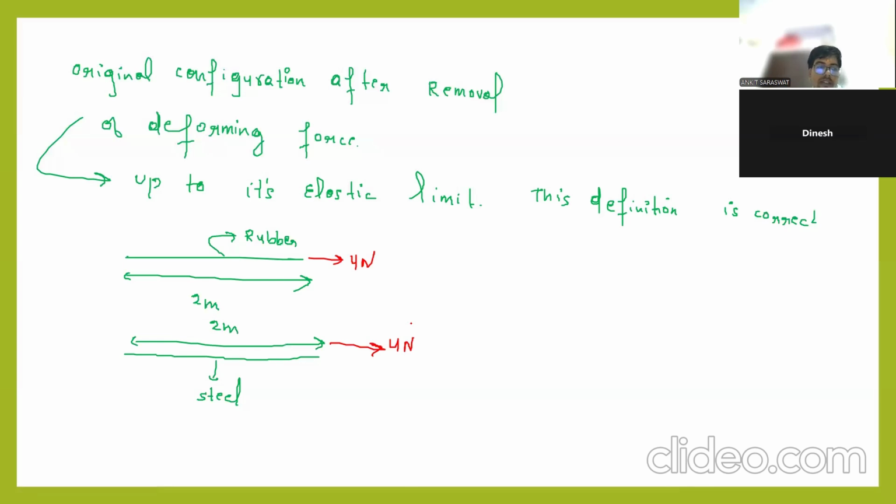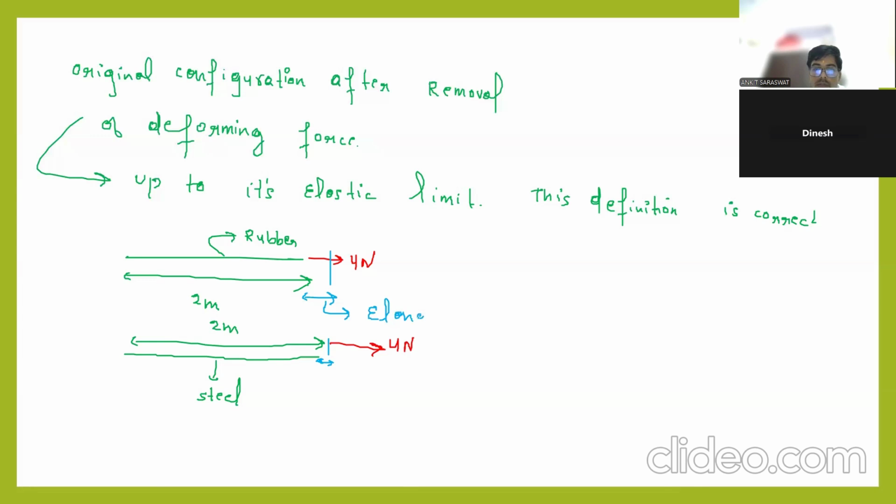Which body has more tendency to oppose any change in its shape and size? Steel. That is why, when you apply a 4 Newton force, steel will elongate very little, but the rubber band will elongate more. This is elongation.